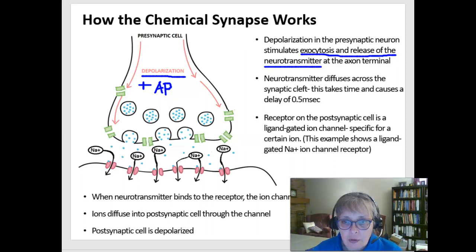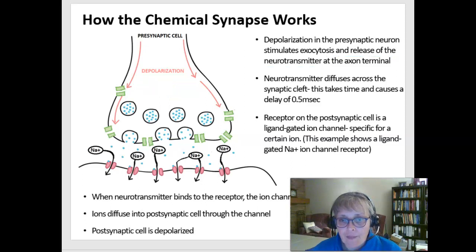That's the little blue chemicals here. I'll circle one. I didn't do a very good job. I'll do it again. That's the neurotransmitter. There's a delay, 0.5 milliseconds.